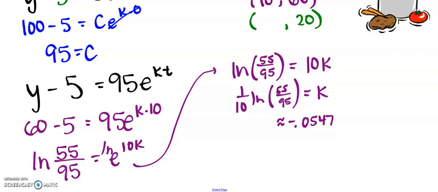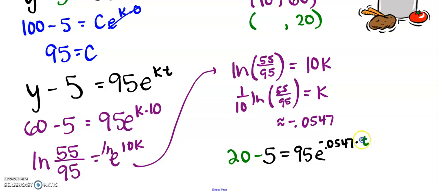Okay, so the last thing is we want to figure out when will this whole thing be equal to 20. So 20 minus 5 is equal to, we said our initial value was 95, e to the negative 0.0547 t, exponential decay, and we're looking to solve for t.